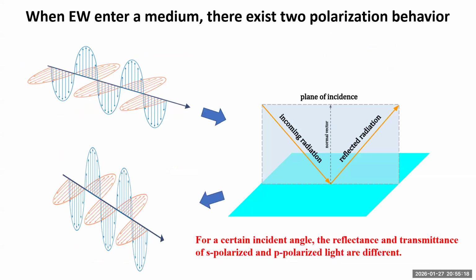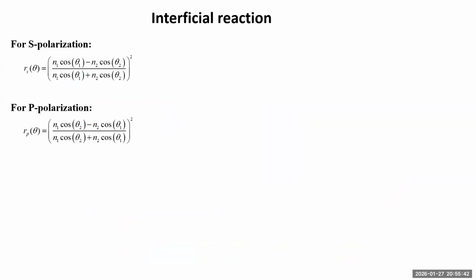So when light enters a medium, there exist two polarization behaviors. We can see that the blue waves increase, while the orange waves decrease. For a certain incident angle, the reflectance and the transmittance of S polarized and P polarized light are different. So how do we calculate them?